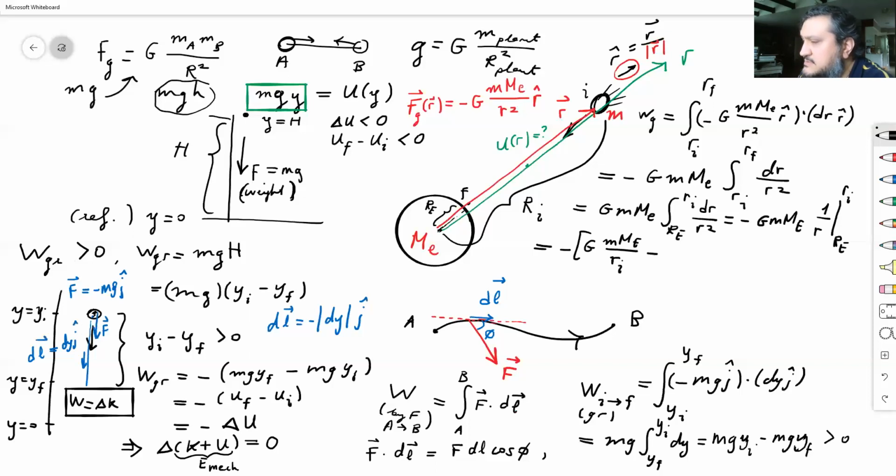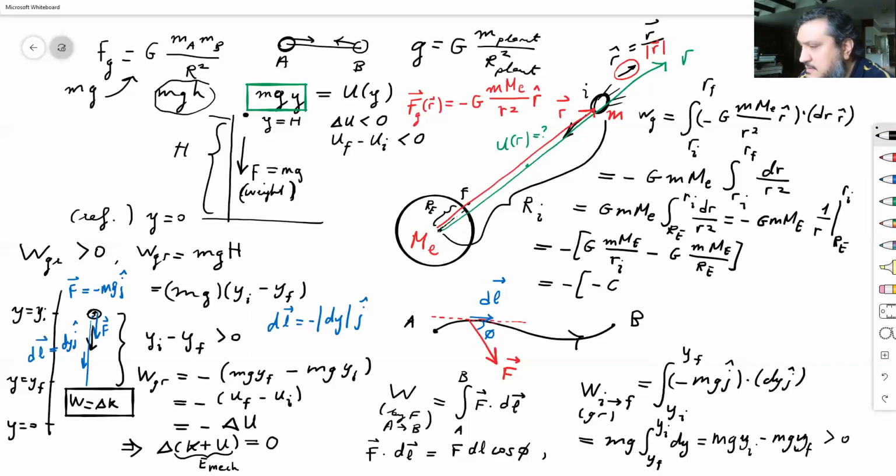Okay, minus G m m e over re, which was the final, and swap the order, change the order, and add the negative sign here.